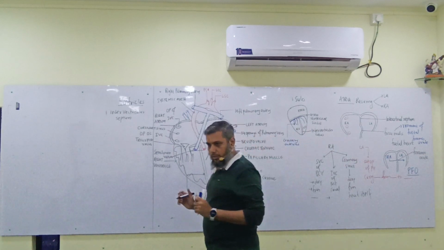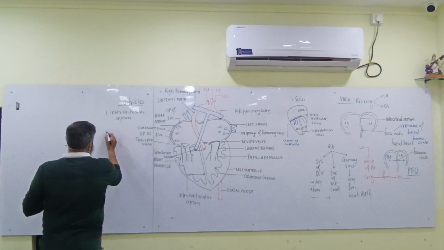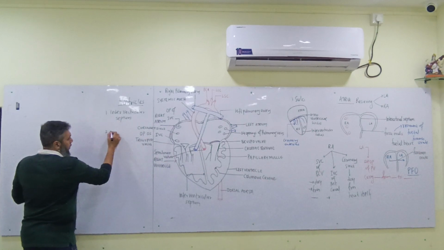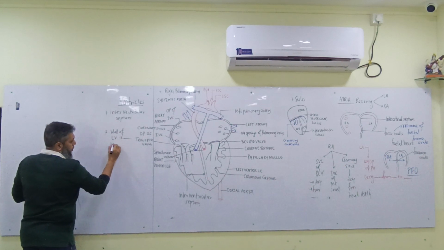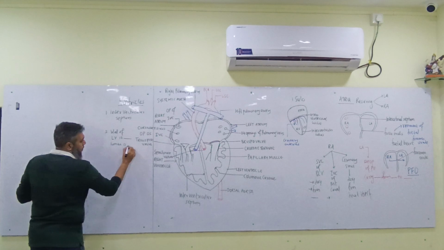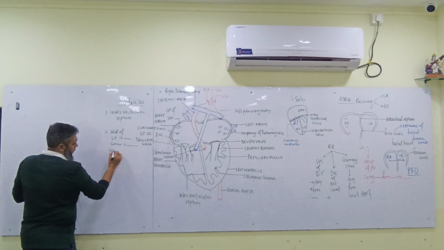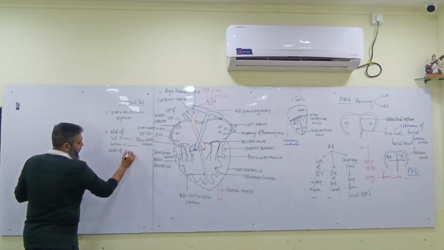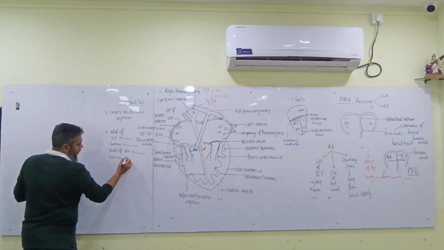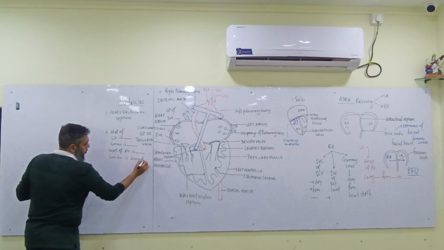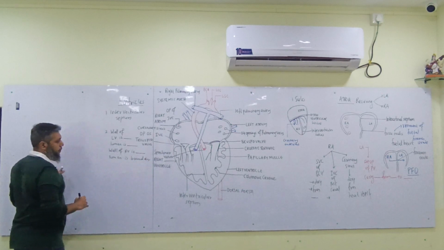Clear my point here? So the wall of the left ventricle is thick whereas the lumen is narrow. The wall of the right ventricle is thin whereas the lumen is much broader.